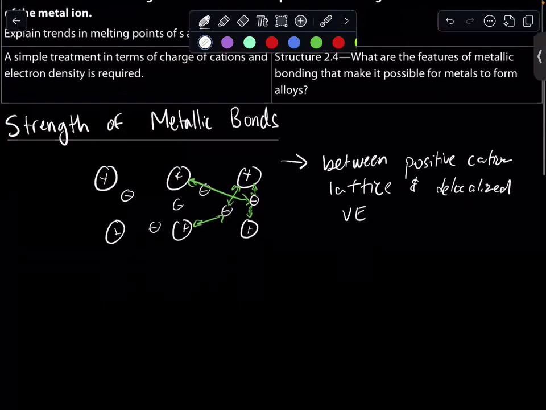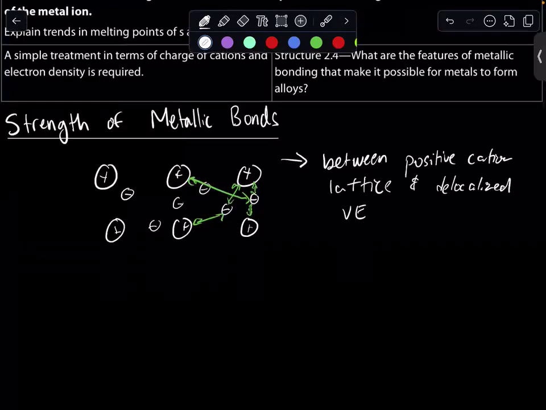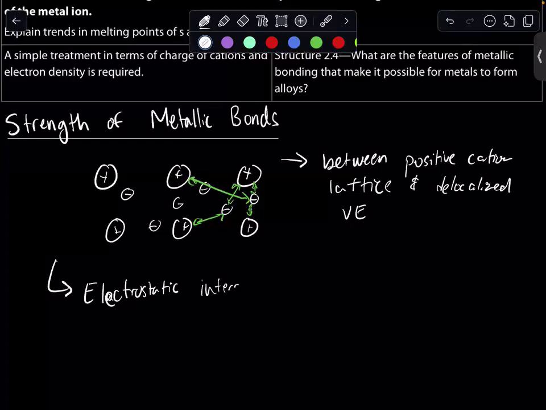When we talked about ionic or covalent bonds, we learned that the strength of an ionic bond is based on radius and charge. It's the same thing for metallic bonds because this is all just electrostatic interactions, the forces between charged particles over a distance. So it's always going to be based on charge and distance.